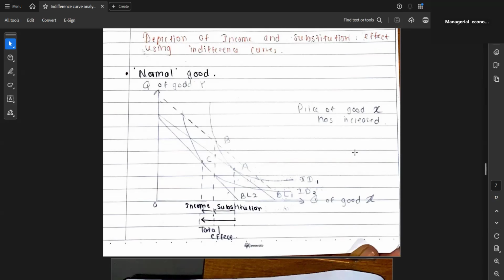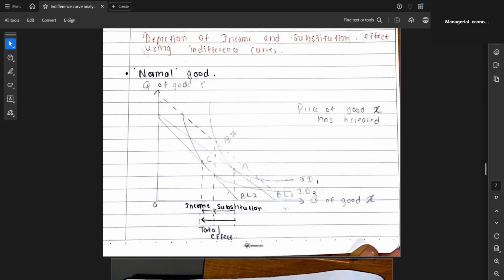The substitution effect is shown from point A to B. Point B is found by drawing a line parallel to the second budget line, where it is tangent to the first indifference curve. So from point A to point B, it shows the substitution effect.